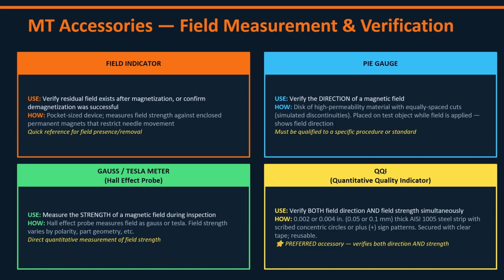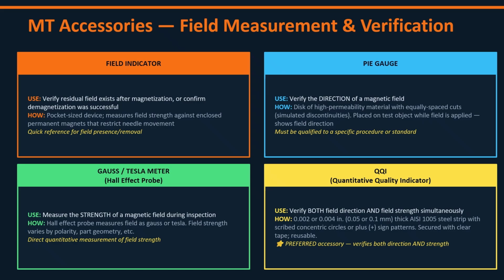This is particularly useful when a specified residual field limit must be demonstrated. The quantitative quality indicator, or QQI, is especially useful because it can demonstrate field direction and field strength in the same examination setup. The thin steel strip contains artificial indications and is placed according to the approved procedure.